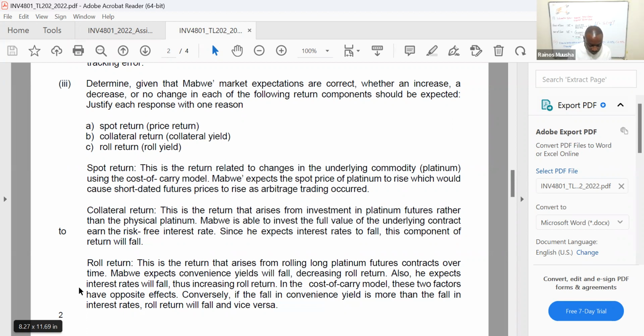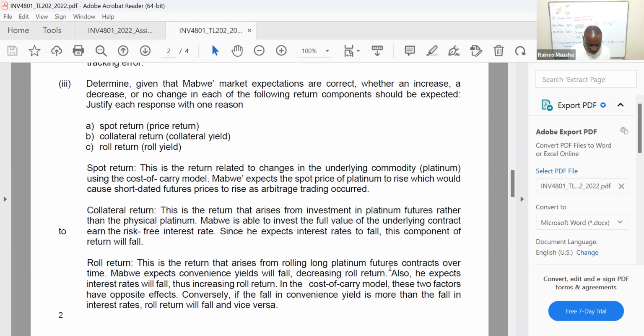So when you look at the raw return, you're looking at the net effect of what is happening to the spot return and what is happening to the collateral return. Since Mabwe expects the convenience yield to fall, this is going to end up decreasing the raw return.